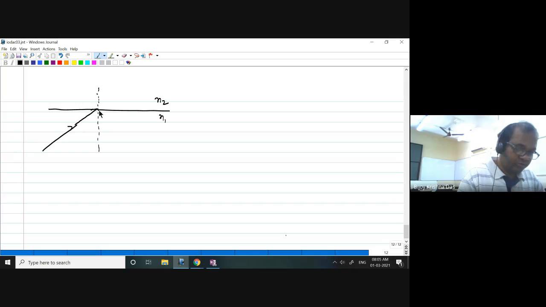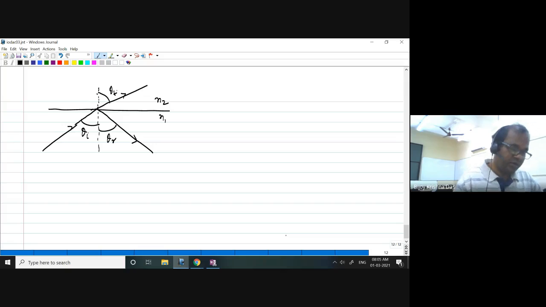And then it will be reflecting, and something will go to the second medium. So this will be called theta I, this is theta R, and this will be theta T. We have distinguished two types of polarization, TE and TM.